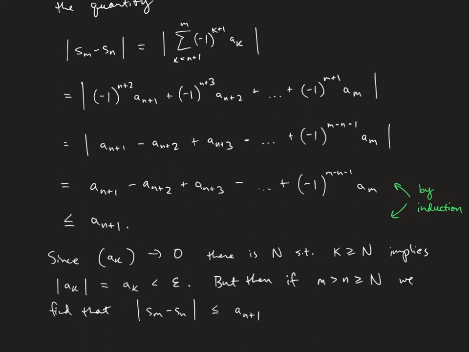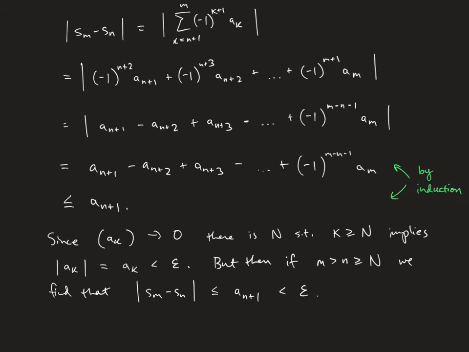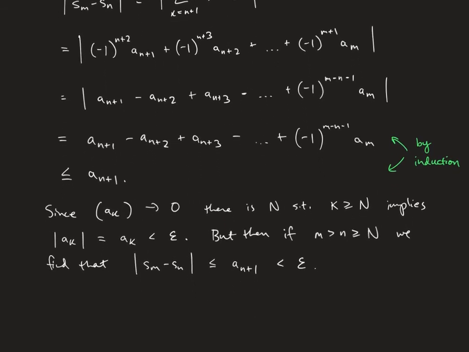So that means a_{n+1} is less than epsilon, and so by the Cauchy criterion, our series converges.